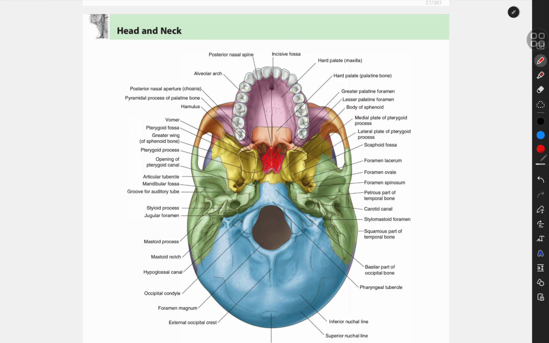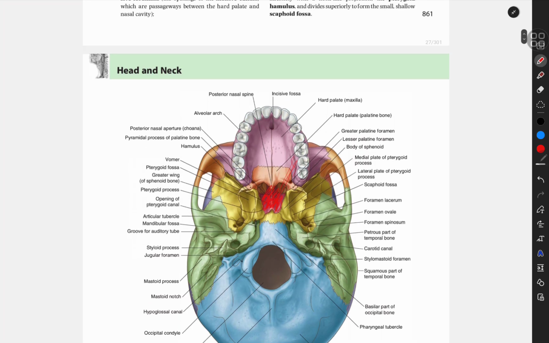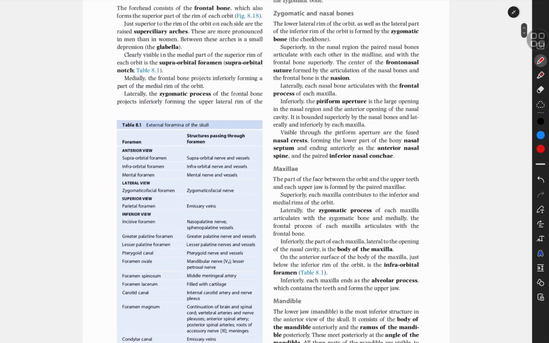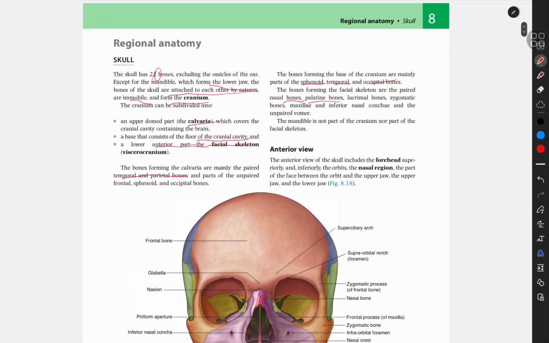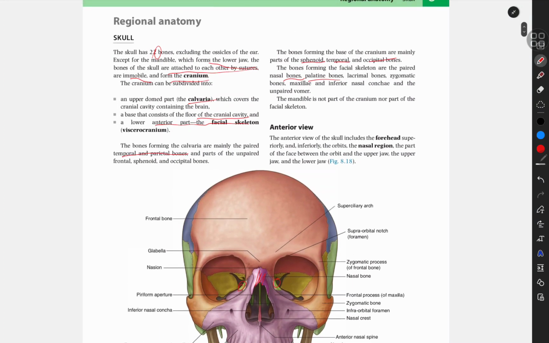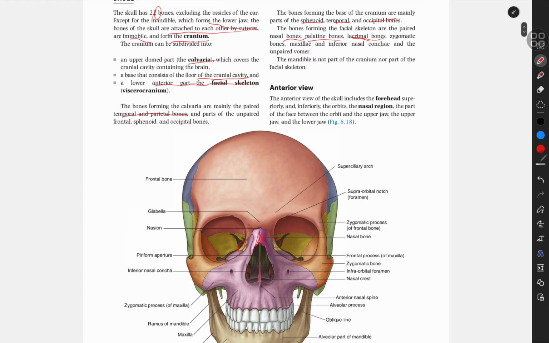This also contributes to the formation of the face, not just the external skull base. Lacrimal bones are here. Zygomatic bones, these are the zygomatic.